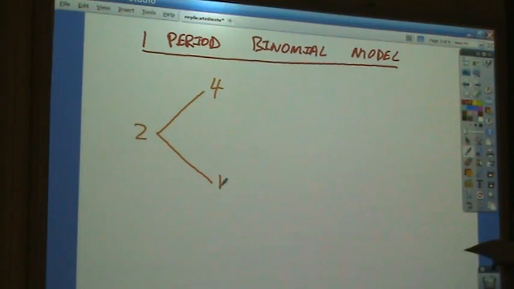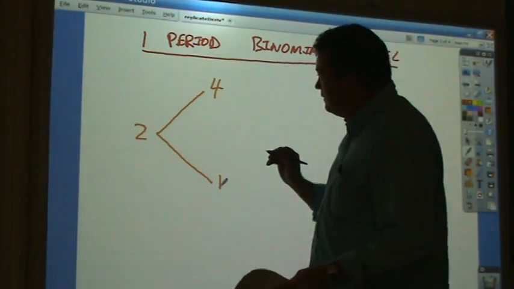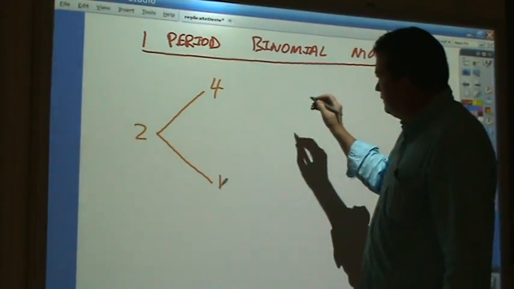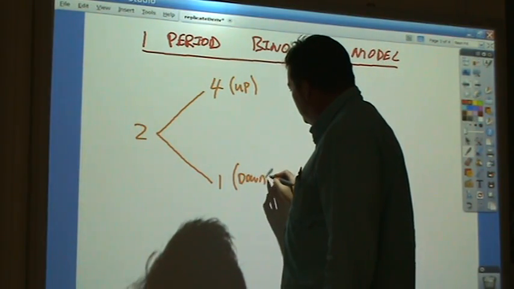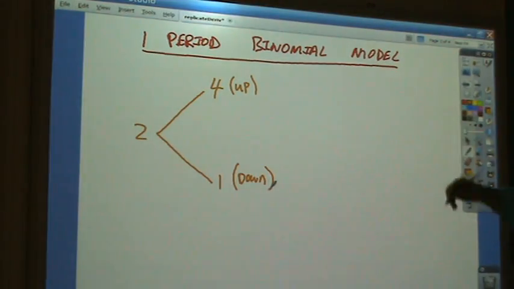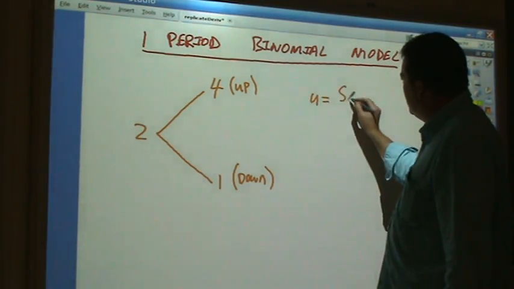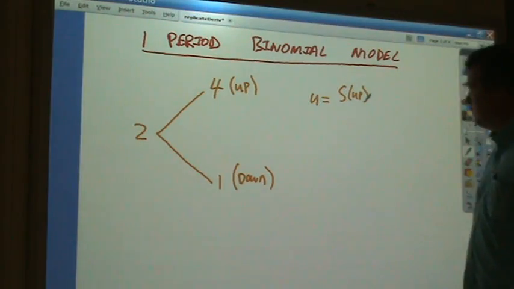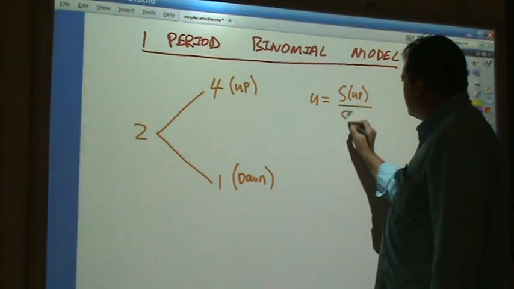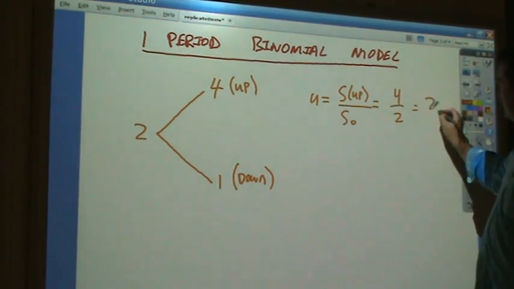So, that being the case, let's say we wanted to define, this is the upside, and this is the downside. We'll have a variable called U, which is equal to the stock price if we have an up market, when the market does well and this stock goes up, divided by the stock price at time 0, which is 4 divided by 2, which is equal to 2.